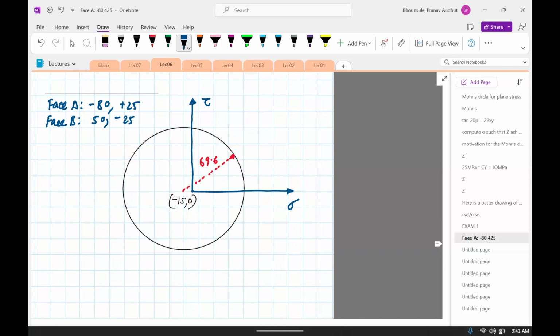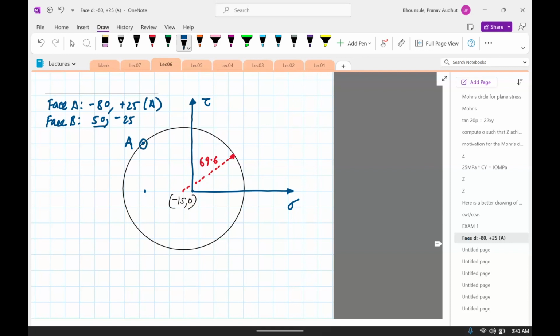Okay, so I need to plot this. So minus 80, I'm just going to guess it's somewhere here. Minus 80, and then I need to go up. So let's just call this the point A. And then the other one is 50.